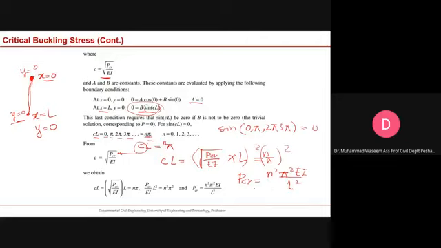N is the number of modes. If the buckling mode is 1, n will take a value of 1 for this type of mode.